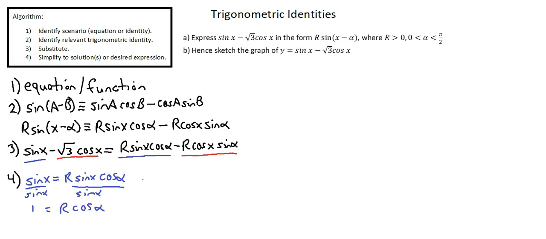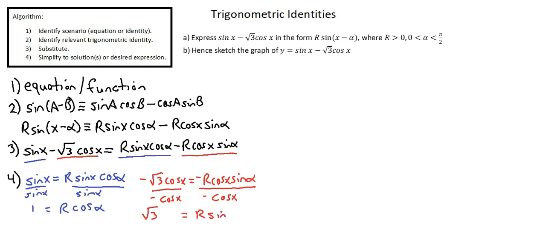And similarly, we know that negative root 3 cosine x equals negative r cosine x sine alpha. Dividing both sides by cosine x, we'll also divide by negative 1 on each side. We'll end up with root 3 equals r sine alpha.